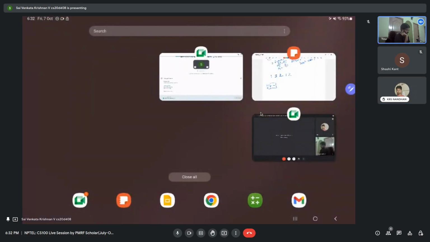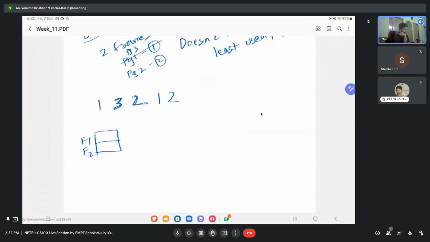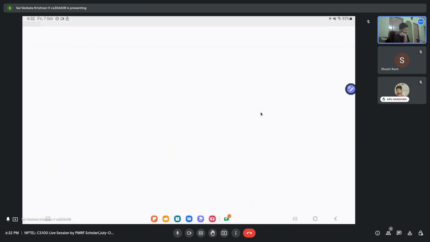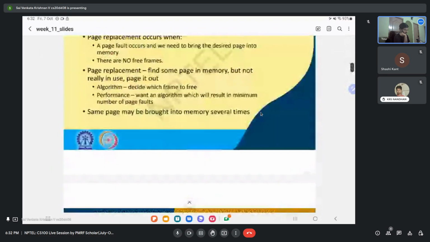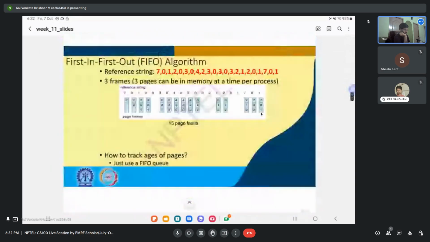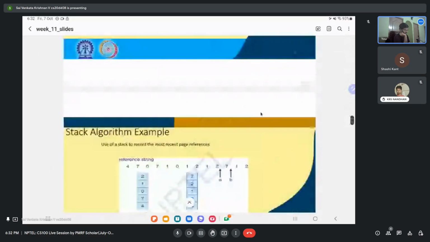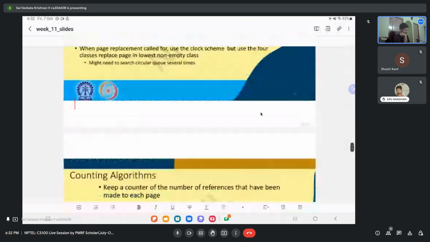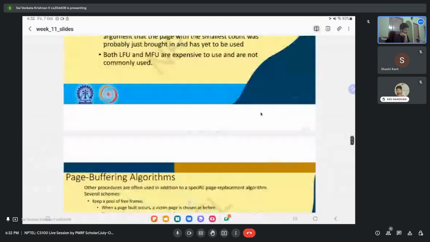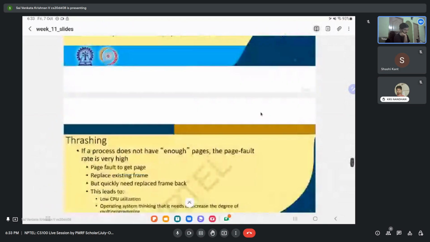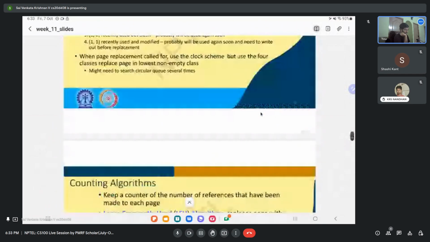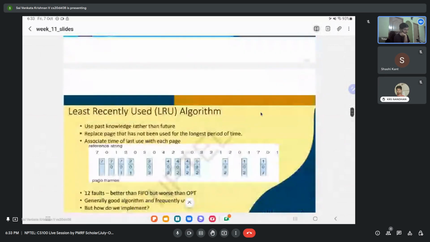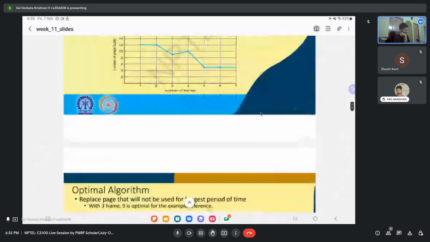Or wait, I can just open that slide if you want. Which is frame allocation plus. Where does it come? Right.